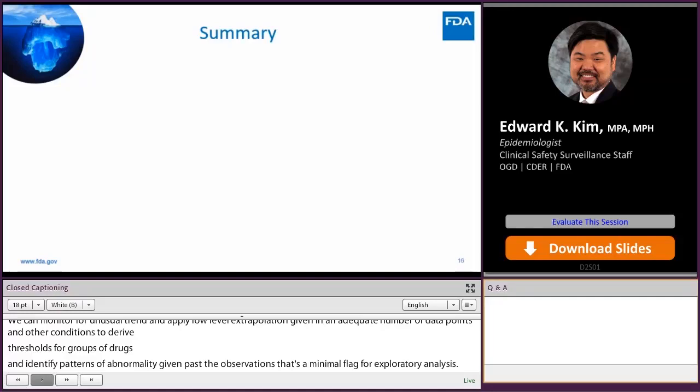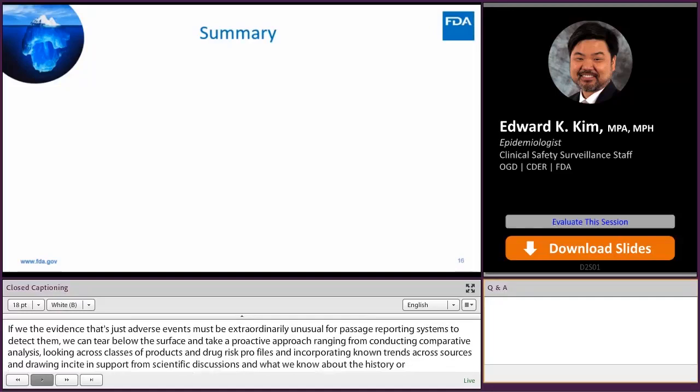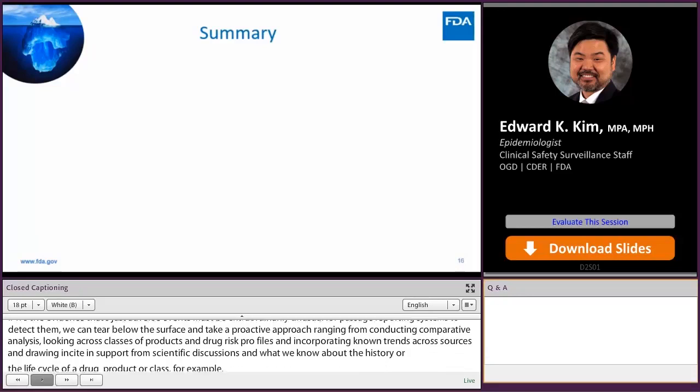Meanwhile, leveraging analytical methods on novel data sources to help derive a truer risk-benefit safety profile for a generic drug product.